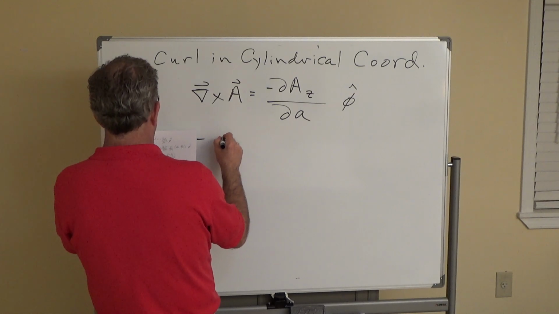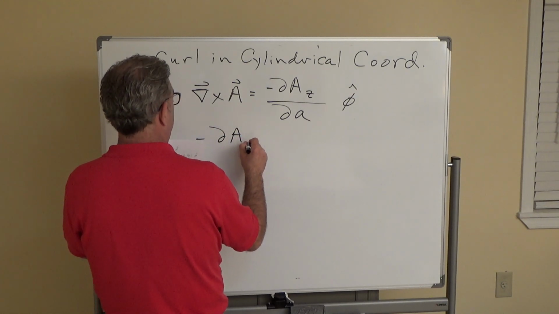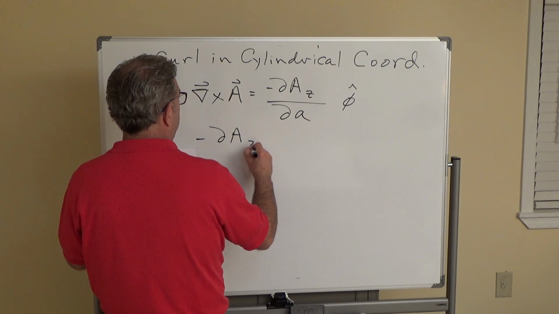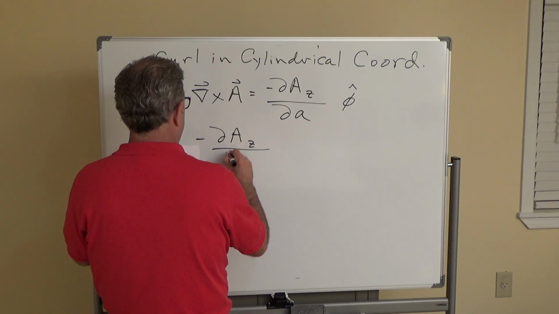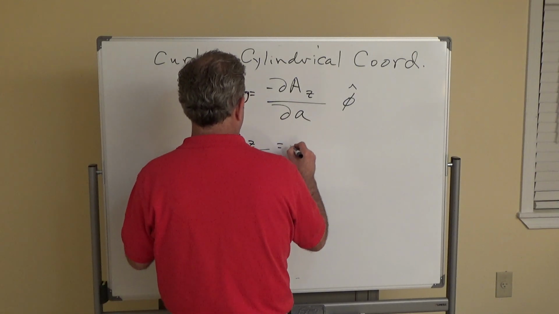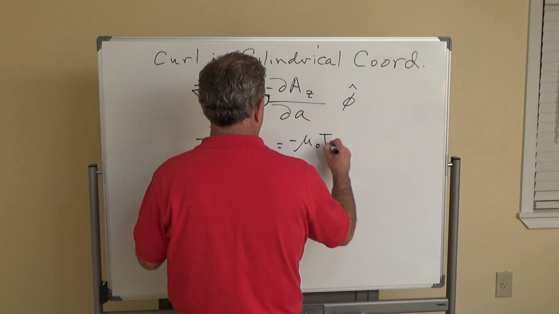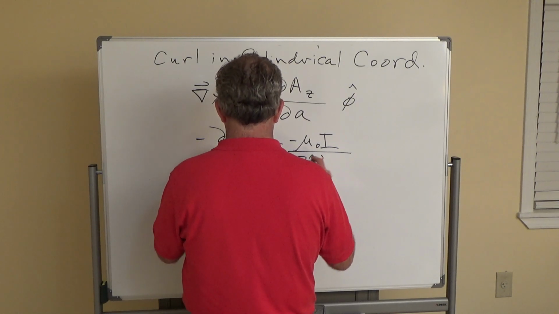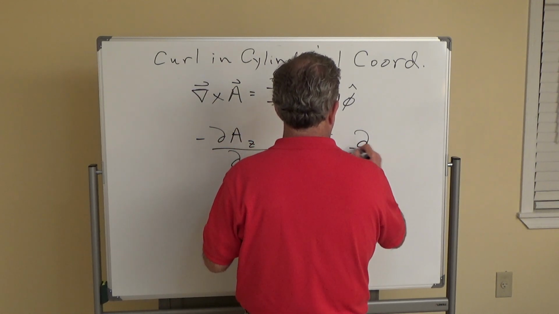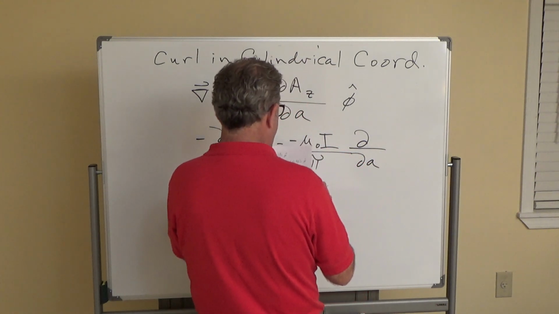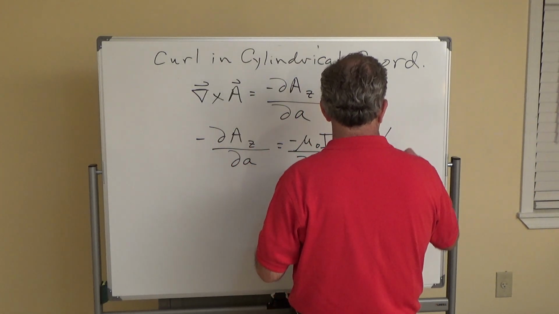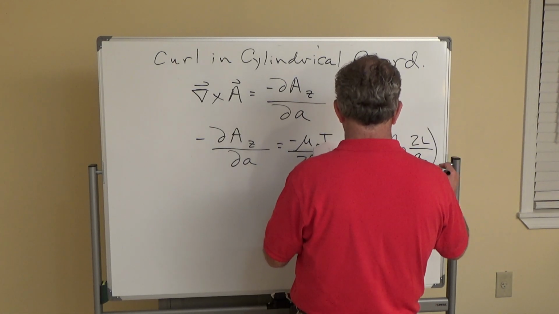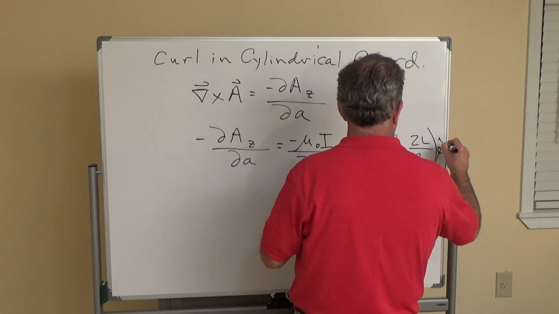That's equal to minus mu naught I over 2 pi times d da of the ln of 2L over a, phi hat.